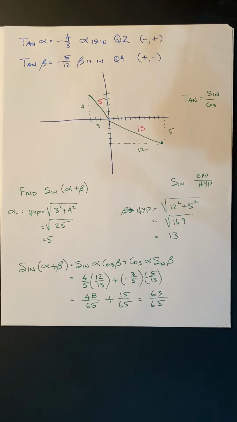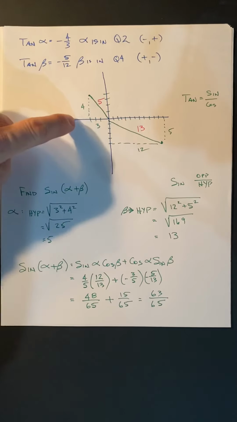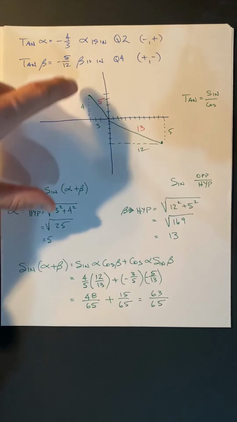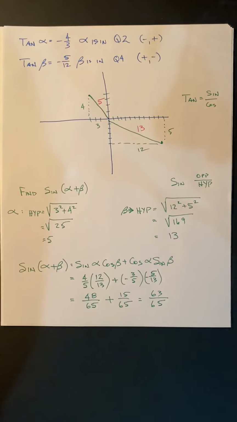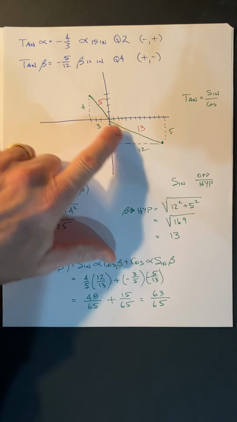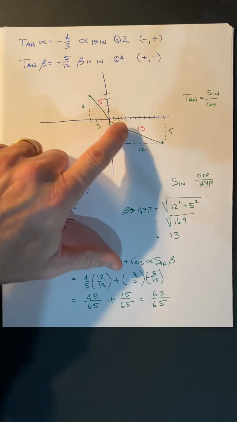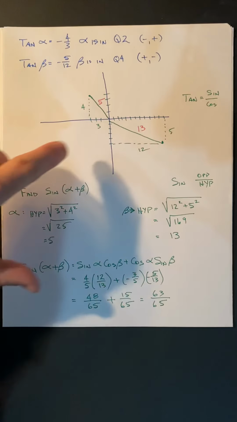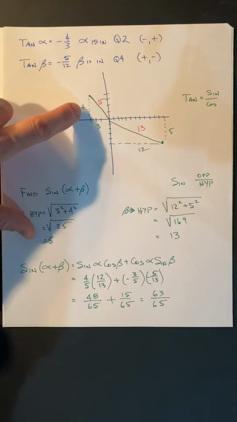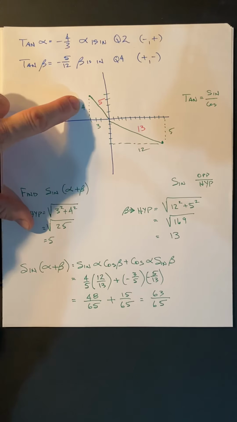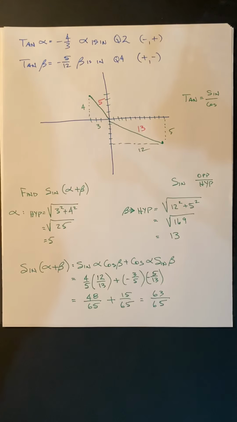And then that would give me the sine of alpha plus beta from this information. So sometimes I have to go to my graph to put it down so I can figure out what these hypotenuse values are. And then it's important to see it so I can see where the sine or cosine is positive or negative, okay?